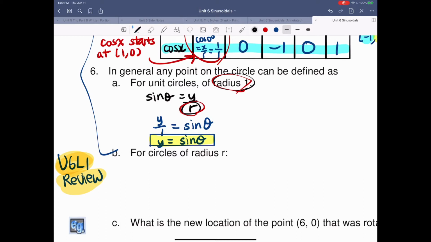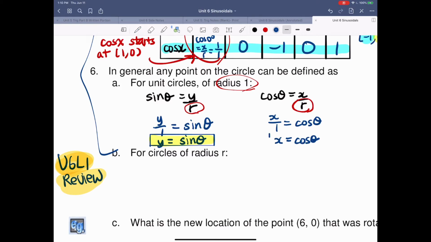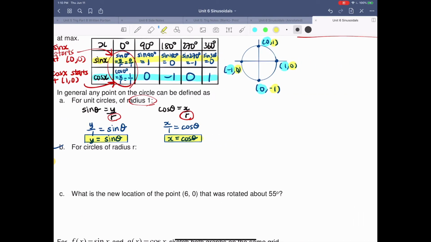For cos theta, you have cos theta is equal to x over r, and you have a radius of 1 as well. So x over 1 is equal to cos theta, and so x is equal to cos theta. As a coordinate, how are you going to write that down? Instead of x comma y as your coordinate, you have cos theta comma sine theta for a unit circle.